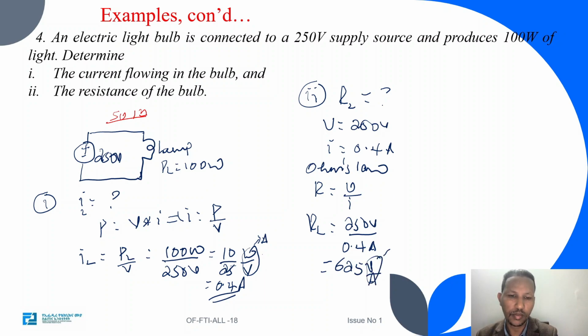You know this expression is ohm, so you have 625 ohm. So that's how we can determine the value of the resistance. Of course, the resistance can be determined by using V square over power. So that's how we can determine the quantity.